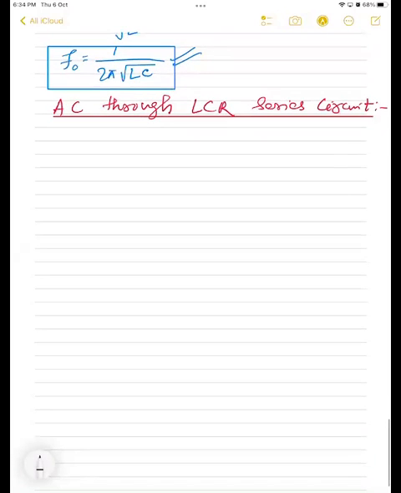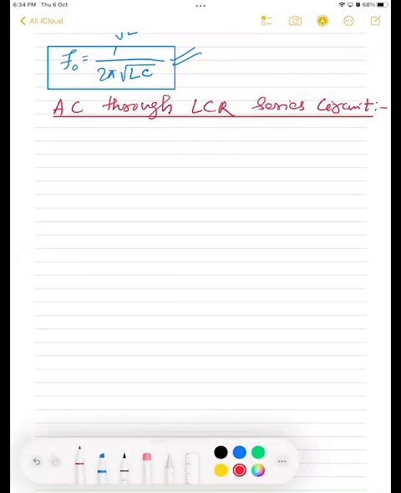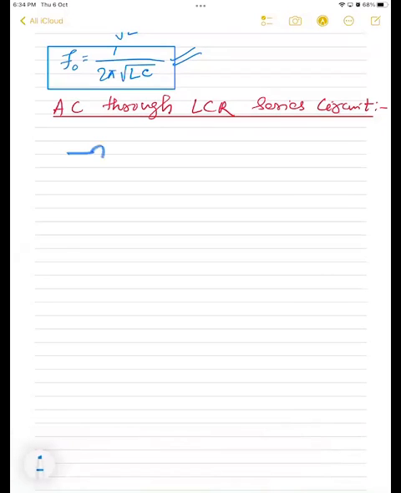Correct? That means we'll be going through inductor, capacitor, and resistor, right?